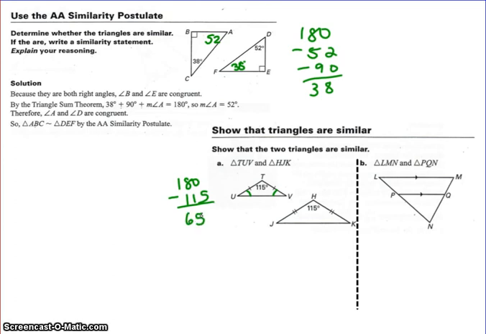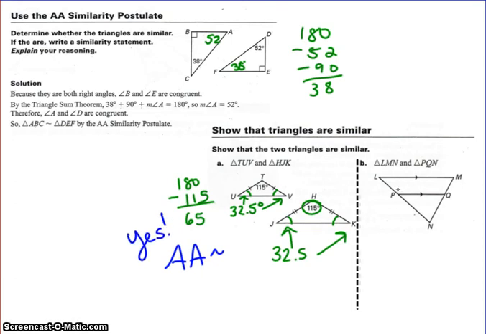I divide 65 by 2, and I know that these two angles are 32.5 degrees, right here and right here. Now if I do the same thing here, I've got 115. These two angles must be the same. So 180 minus 115 gives me 65, and then I divide it by 2 to find the two missing angles. So these two triangles are in fact similar by the angle, angle similarity.